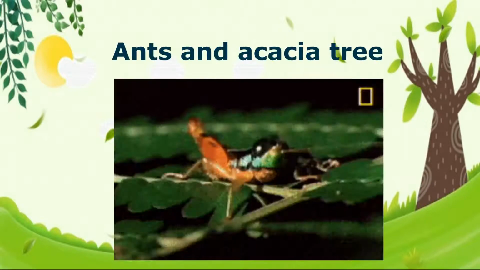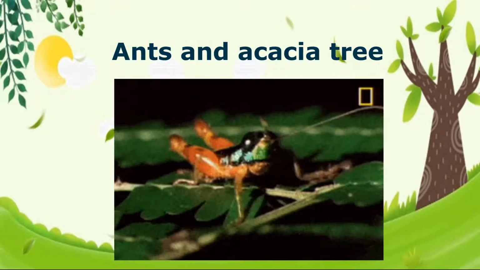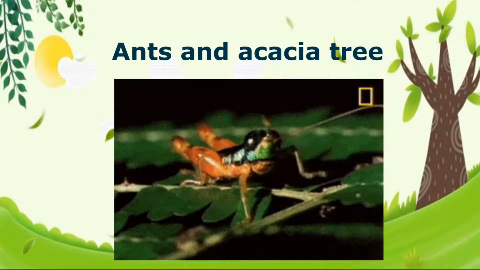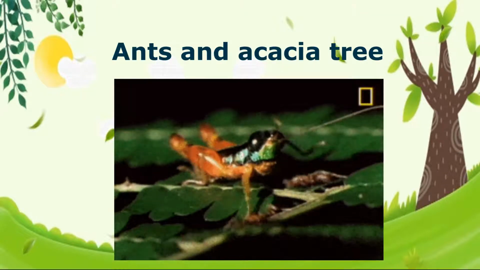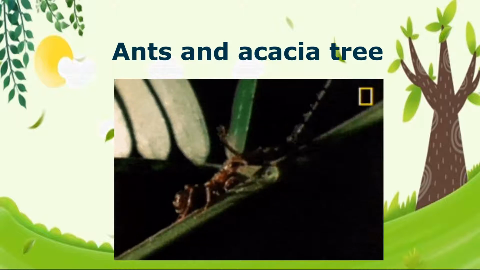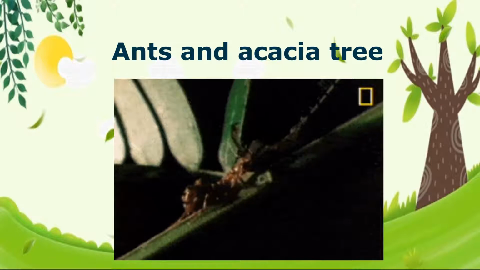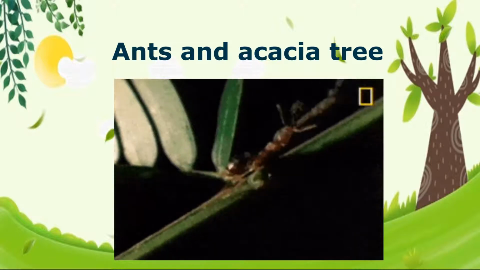For example, ants and acacia trees living in the subtropical regions of the world illustrate mutualism. The ants protect the acacia tree by attacking any animal that tries to feed on the tree. The tree provides nectar and a home for the ants.